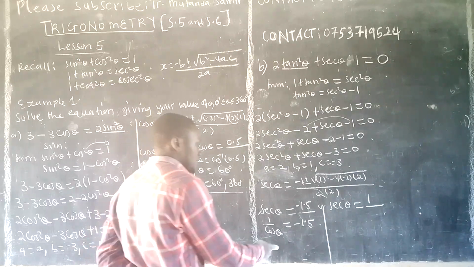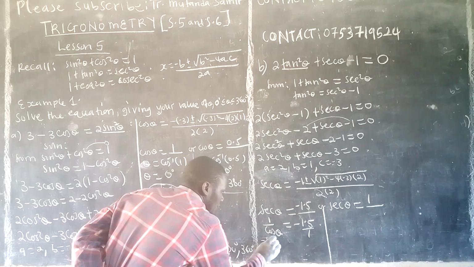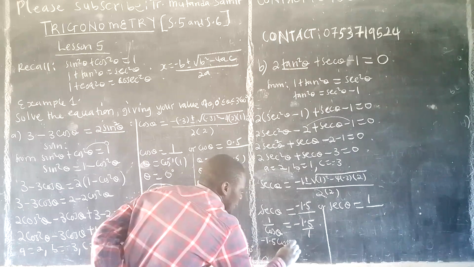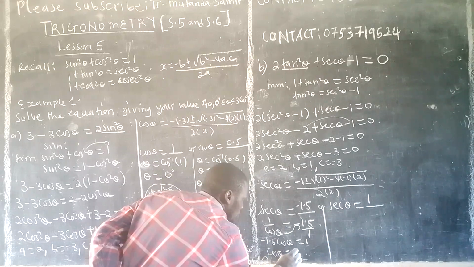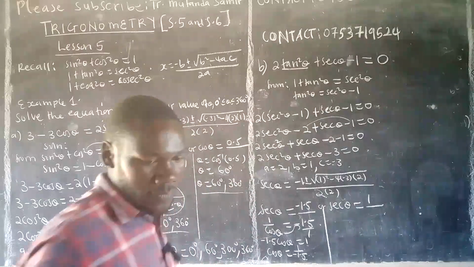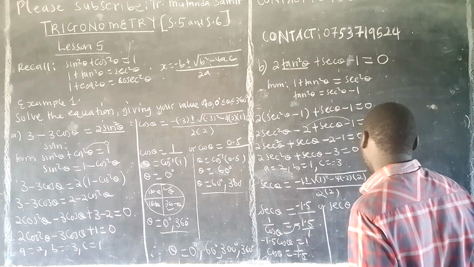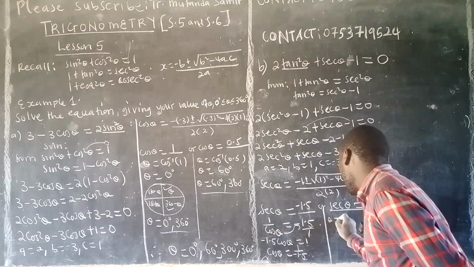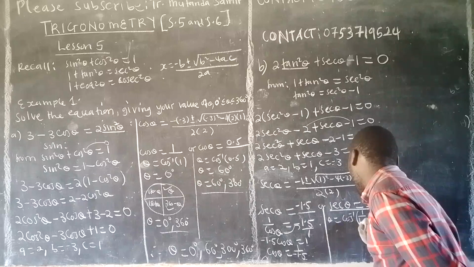All right, now what you're going to do is put this over 1, then you cross multiply. So you shall get negative 1.5 cos theta, I've cross multiplied, is equal to 1. So therefore, cos theta is equal to 1 over negative 1.5. Now this one I shall handle at a later stage. Let me proceed with this. So theta is equal to cos inverse of 1 over 1.5.